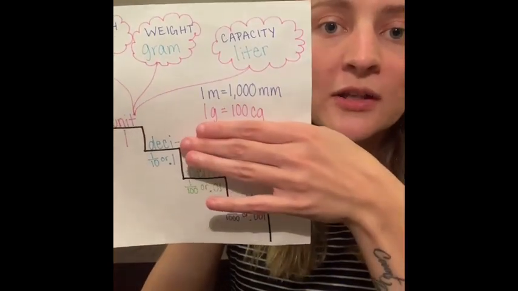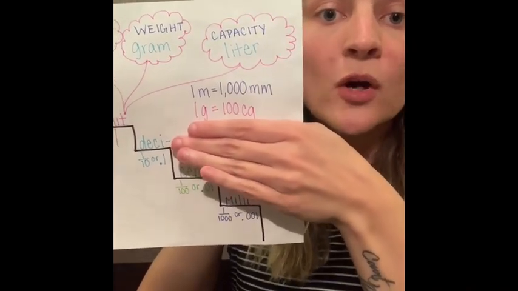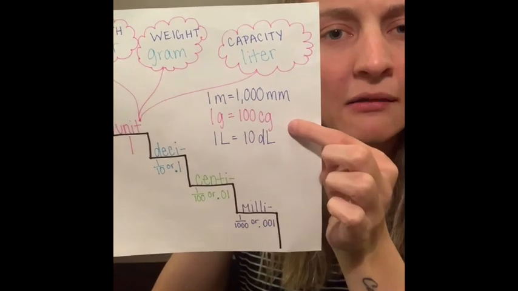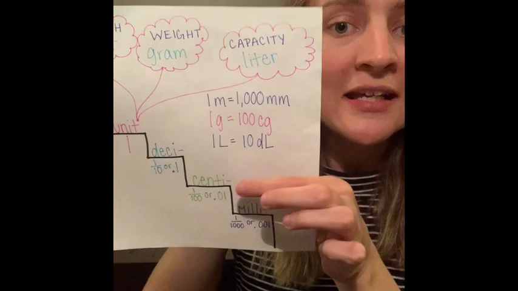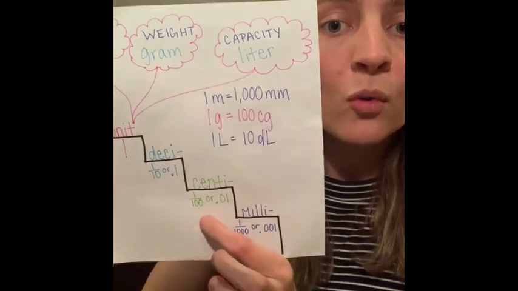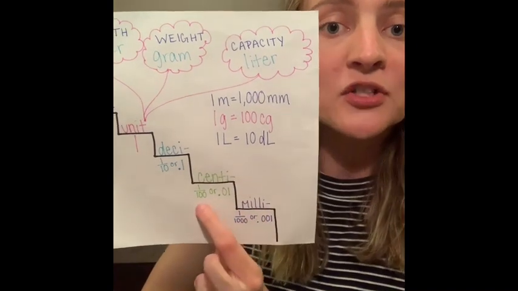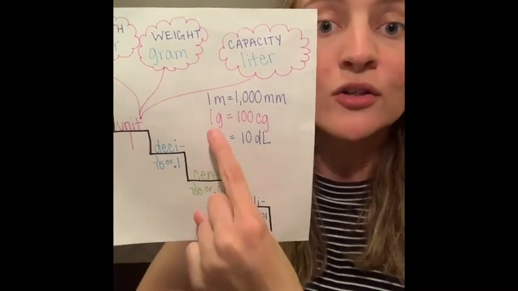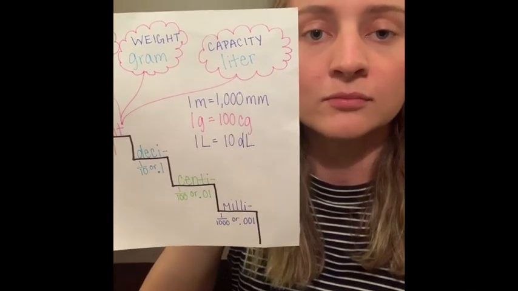So our next one is 1 gram. So 1 gram equals 100 cg. Cg stands for centigram. Centi means 1/100th. So when we work backwards, we just take that 100. So 1 gram equals 100 centigrams.